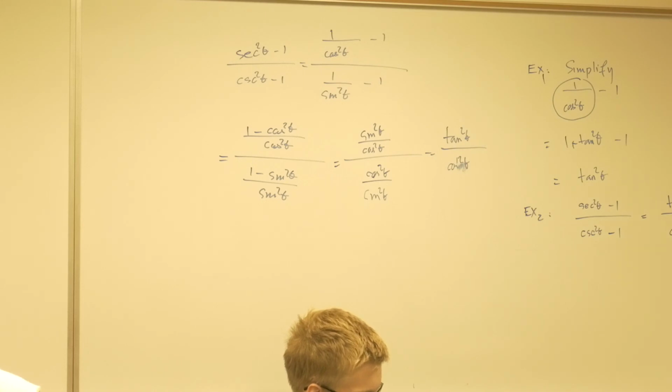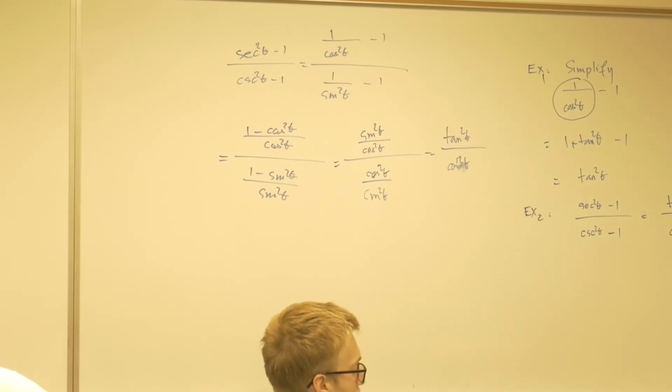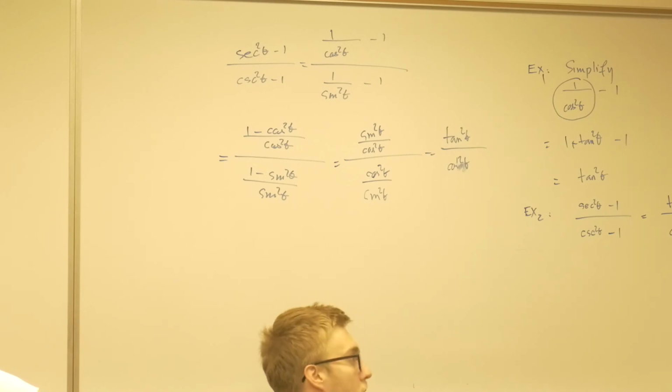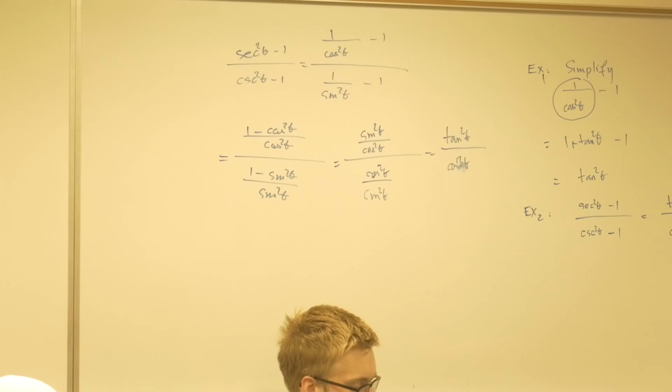So you see that on the assignment here. In the assignment, the first question here, I give you A and B, right? And I want you to simplify that, so you have to manipulate some way somehow, so that it becomes simpler.